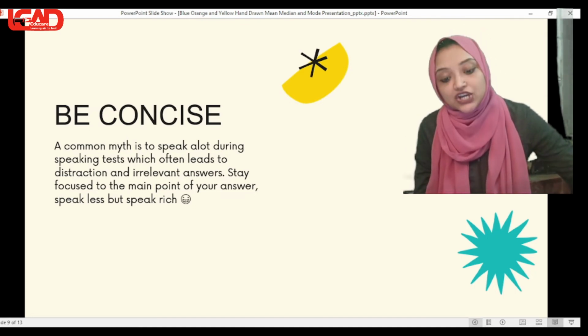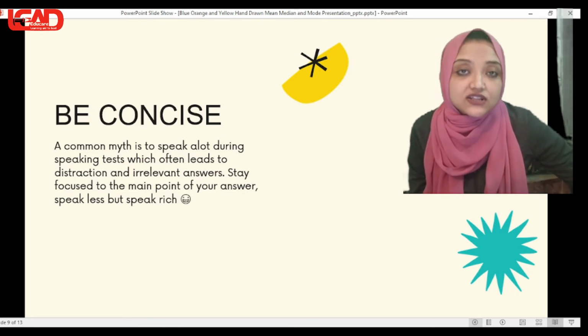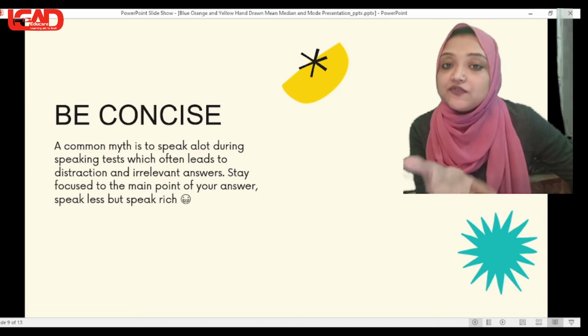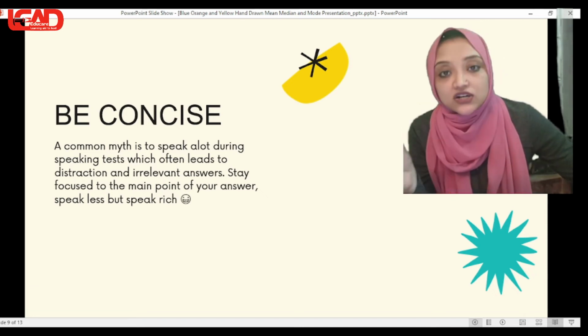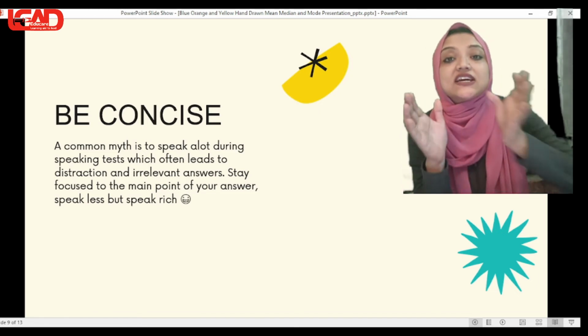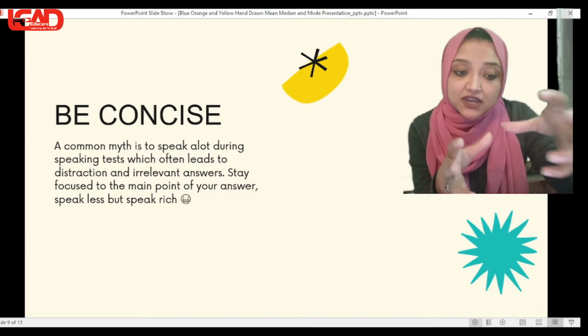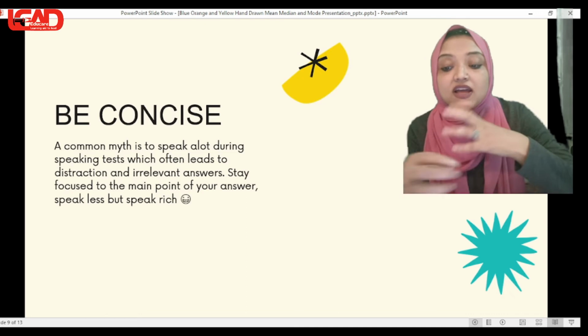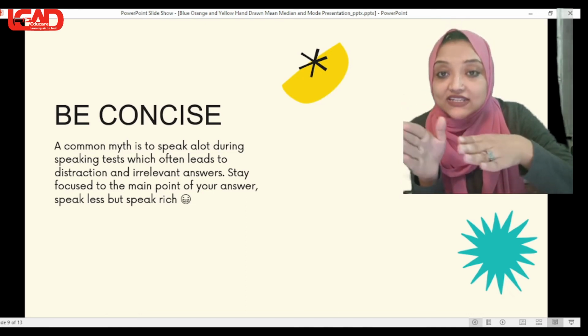In the section where you're given a cue card, you're asked to talk about a topic on your own. The time for the answer is 2 to 3 minutes. There you need to talk a bit longer than other questions, but again, try to stay concise. Stay focused on the main point and your supporting examples and reasons, but make sure that you don't get distracted.